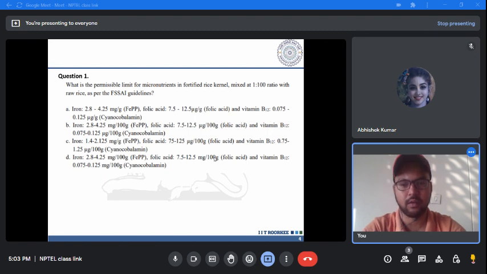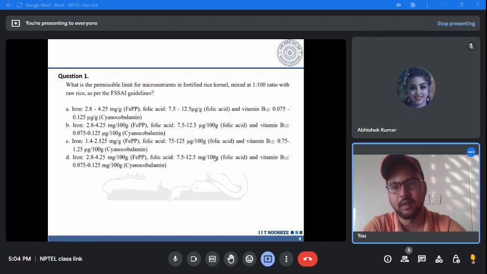Your options are A, iron 2.8 to 4.25 mg per gram, folic acid 7.5 to 12.5 microgram per gram, vitamin B12 0.075 to 0.125 microgram per gram.